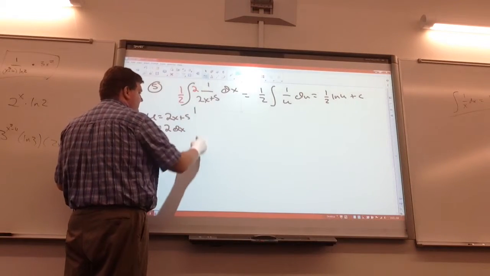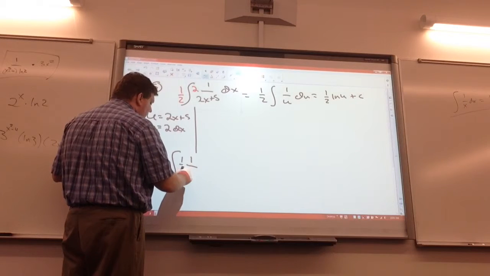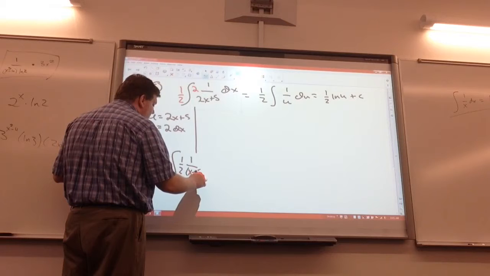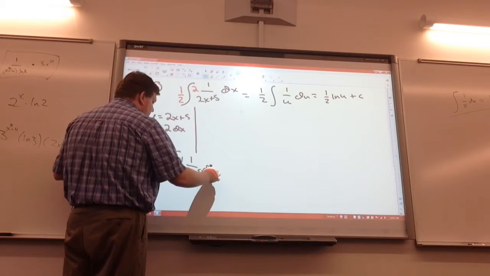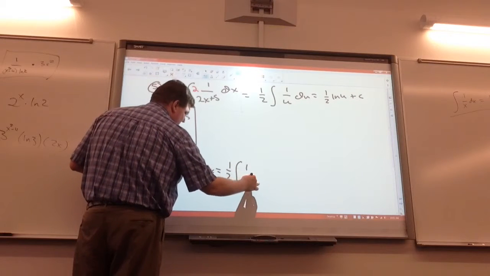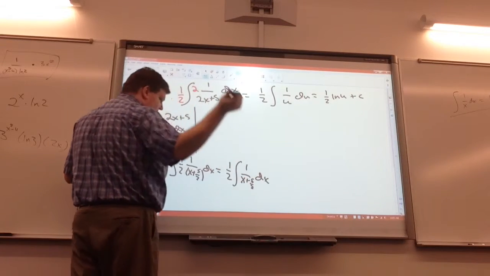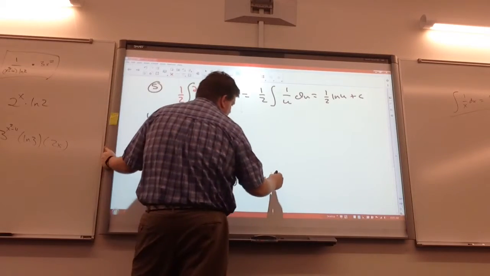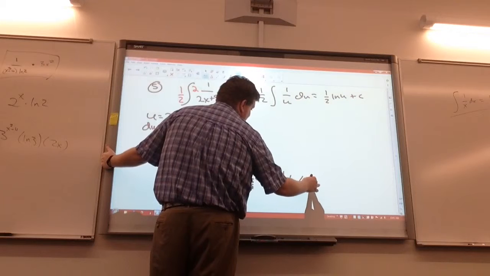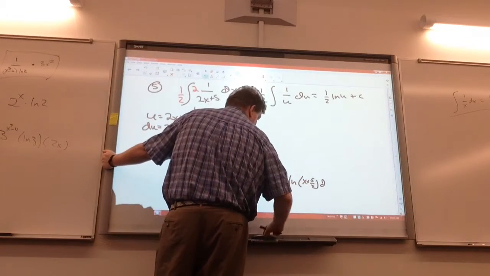I could have factored out the 1/2, and on the bottom I'd have x plus 5/2, dx. Then the 1/2 would come out in front. And as we saw before, that should just be equal to 1/2 the natural log of x plus 5/2 plus c.